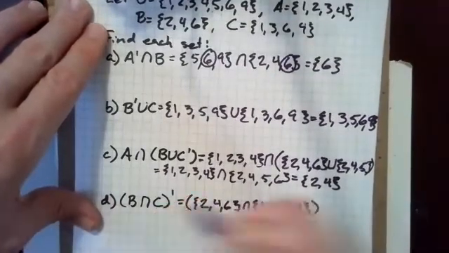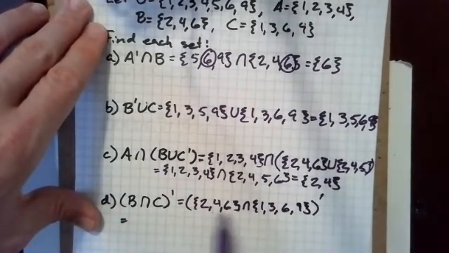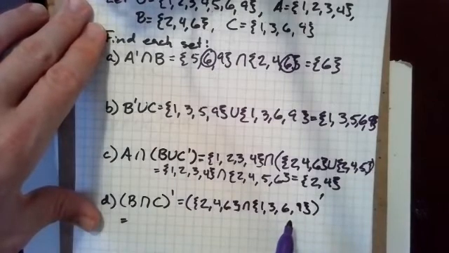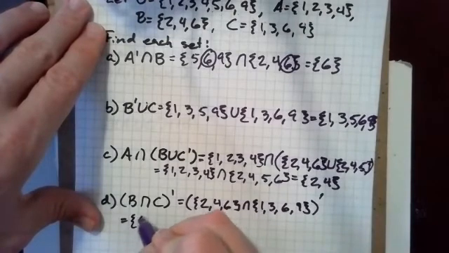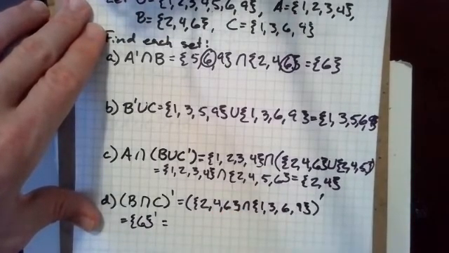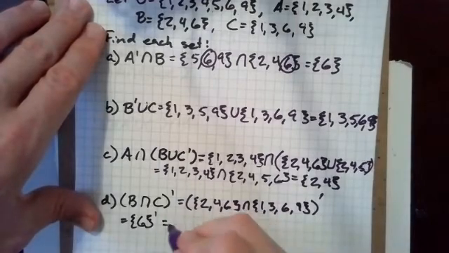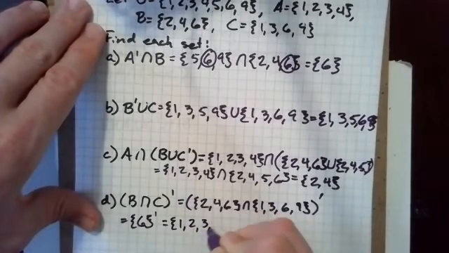Well, the only thing that's in both of these, the only thing in the intersection, is 6. So that's going to be the complement of the set that contains only 6, which is everything in the universal set that isn't 6. So we wind up with a set that contains 1, 2, 3, 4, 5, and 9.